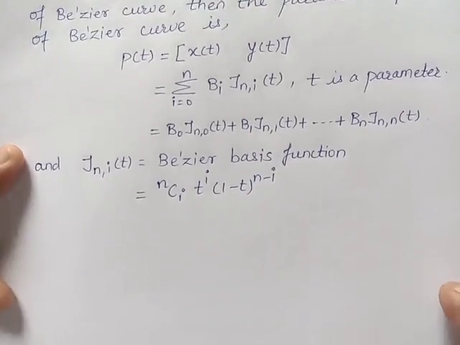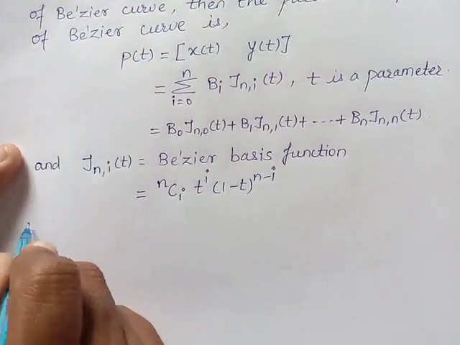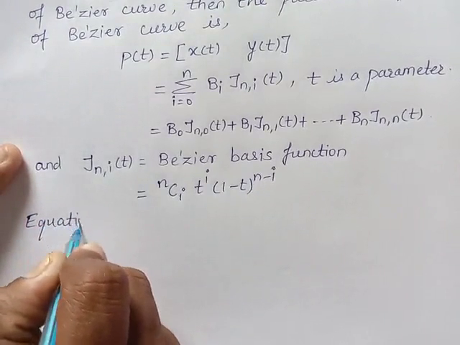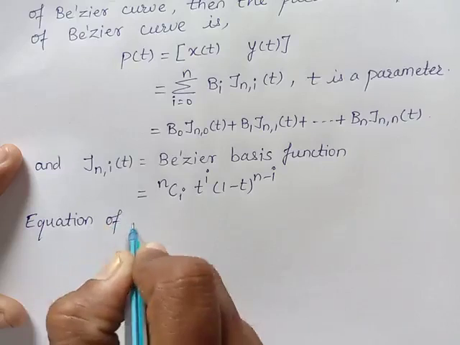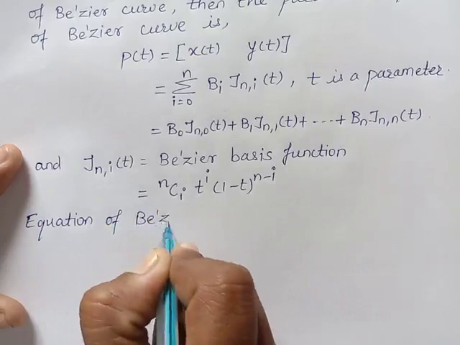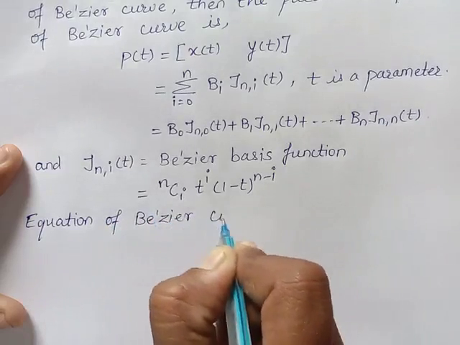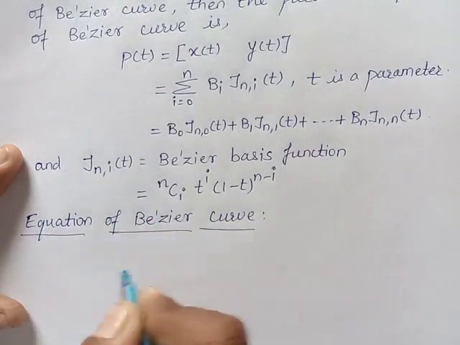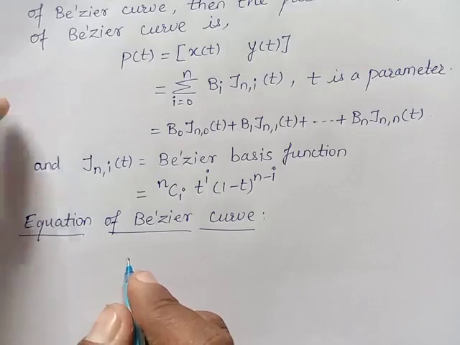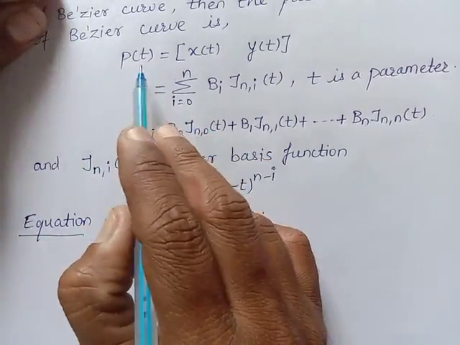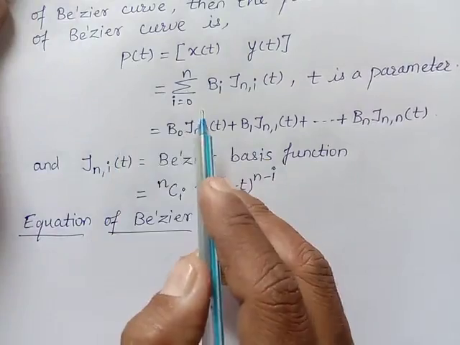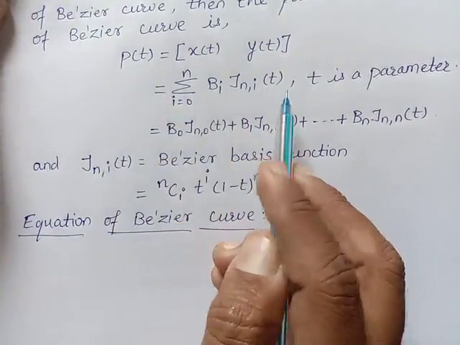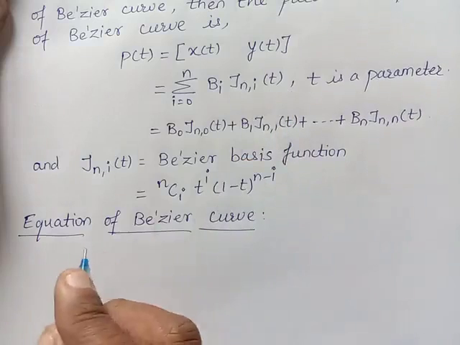Now equation of Bezier curve. From this let me write equation of Bezier curve. Now for n equal to 0, n equal to 1, there are different equations. We can put the values n equal to 0 here in this P of t, parametric equation of Bezier curve.